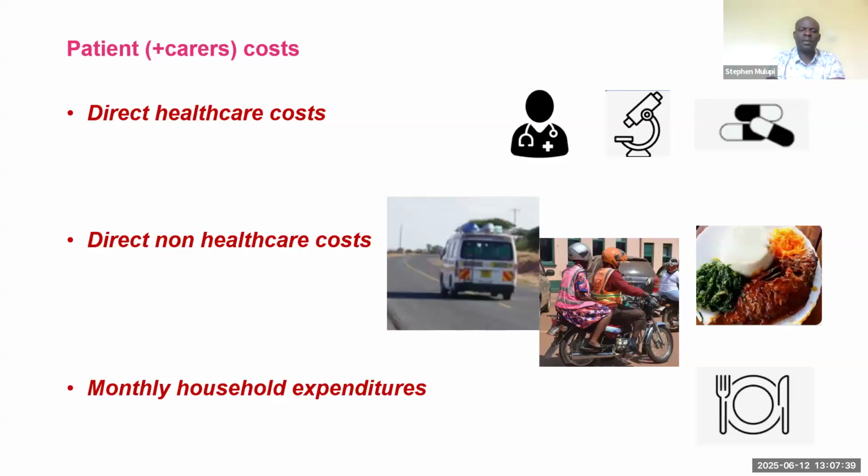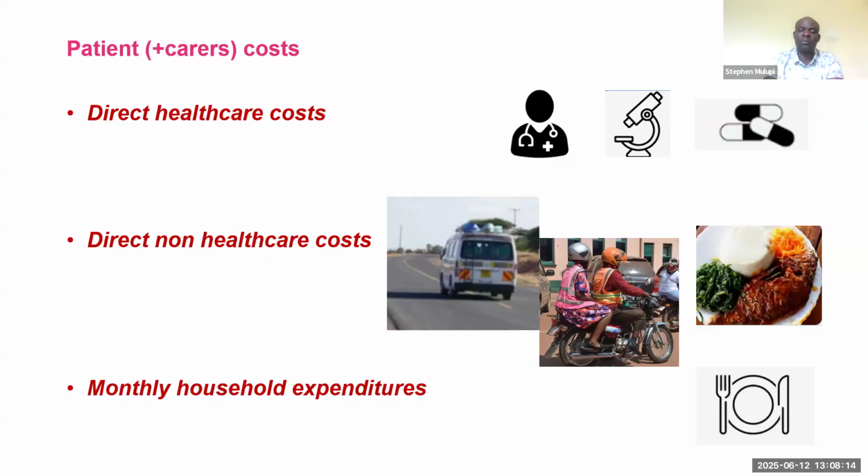On the side of patients' costs, we want to focus on direct non-medical costs and monthly household expenditures. Whenever people access facilities, they must spend some money on travel, they might have to eat or something like that. This is money coming out of pocket. We did not collect direct healthcare costs, which could be costs where people pay for any activity or service in the facility, because this study provided drugs, speculums, and all other medical supplies.